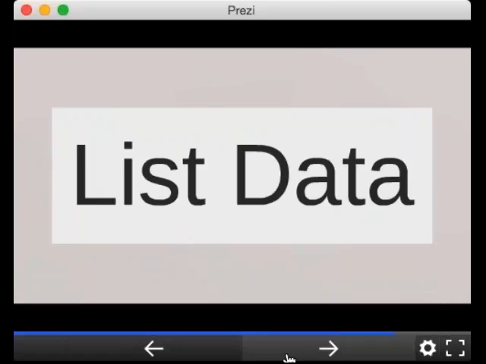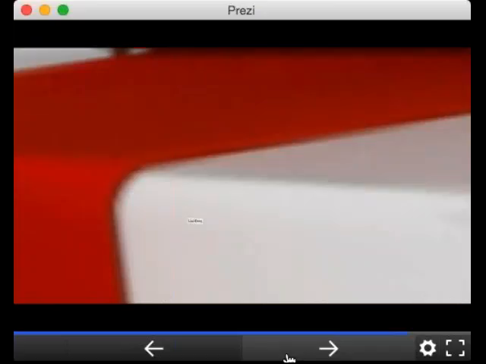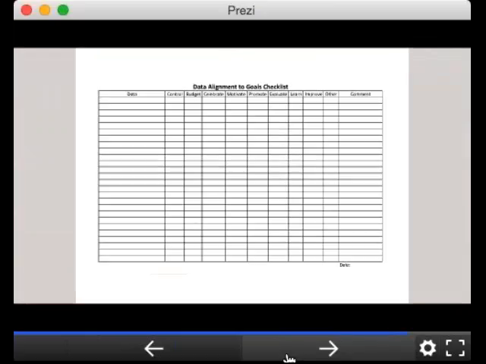And we will talk about that in just a second. So the data alignment sheet then looks like this. And as you can see, in the left column that says data, that's where you list the data. And then you can provide a check mark for every goal that you think can be aligned with that particular piece of data.